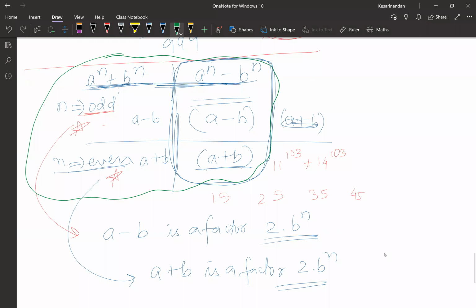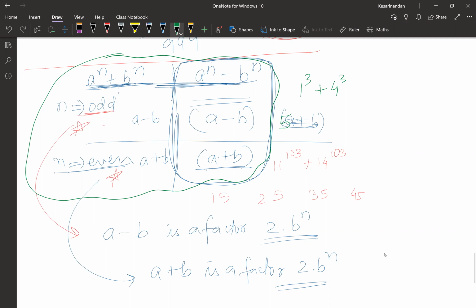One thing: 1 cube plus 4 cube. Will it be divisible by 5? Yes, 65. Everybody? It will be divisible by 5.